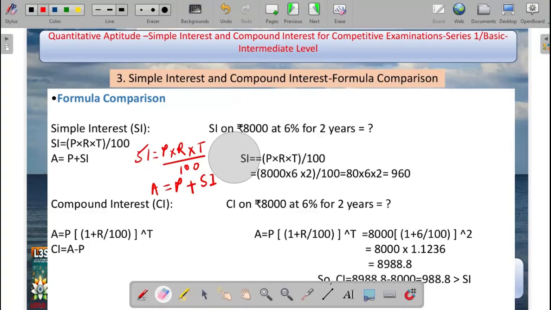Now there is a formula for compound interest. This is not the CI formula.